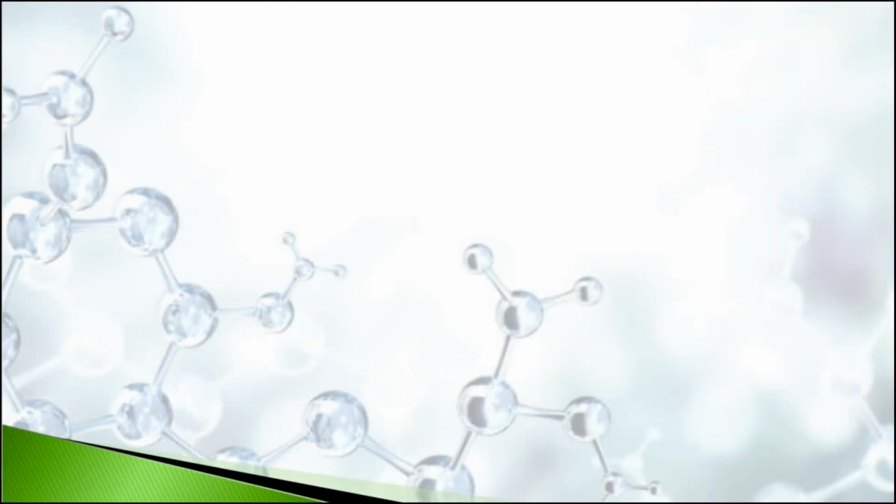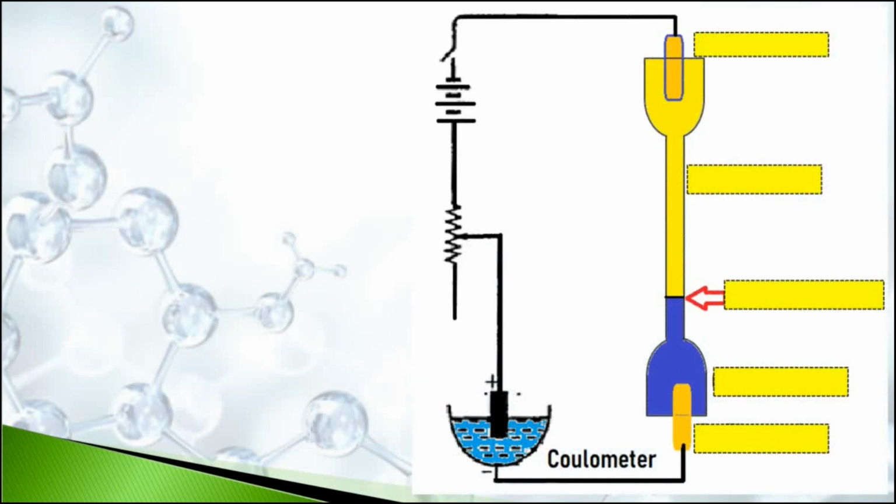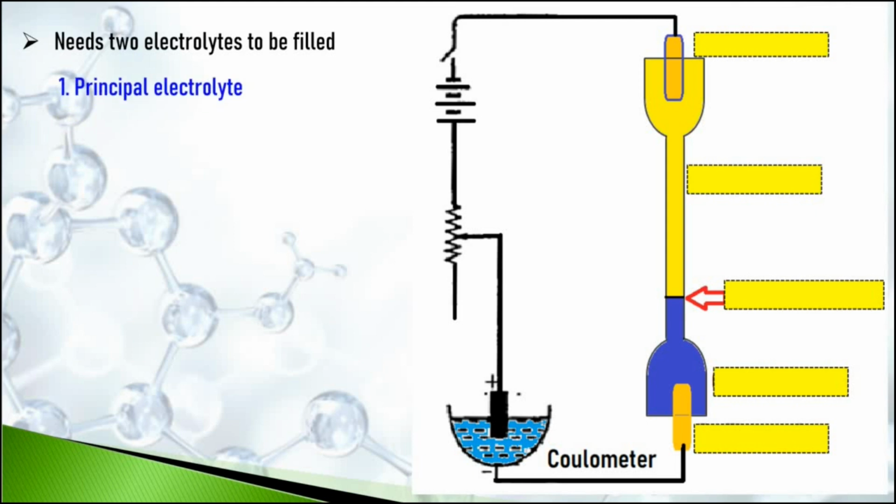Dear students, let us try to understand the principle and concept of moving boundary method by determining the transport number of hydrogen ion using this method. For this, we need a setup like this, where thistle tube will be taken as the conductivity cell, and as we have studied, we need two electrolytes to be filled. One will be the principal electrolyte and the indicator electrolyte.